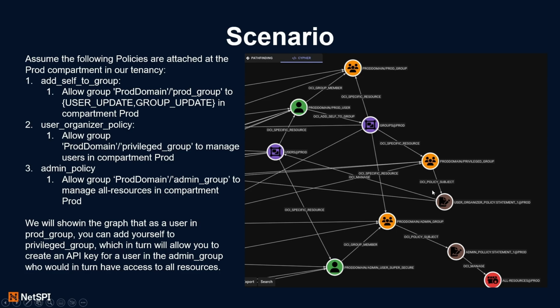So we jump over to users, and that includes our admin super secure user, and they are in the admin group, and the admin group is the subject of the admin policy statement, and the admin policy statement can manage all resources, right, which is the equivalent of admin over star, which is not what you want, right?